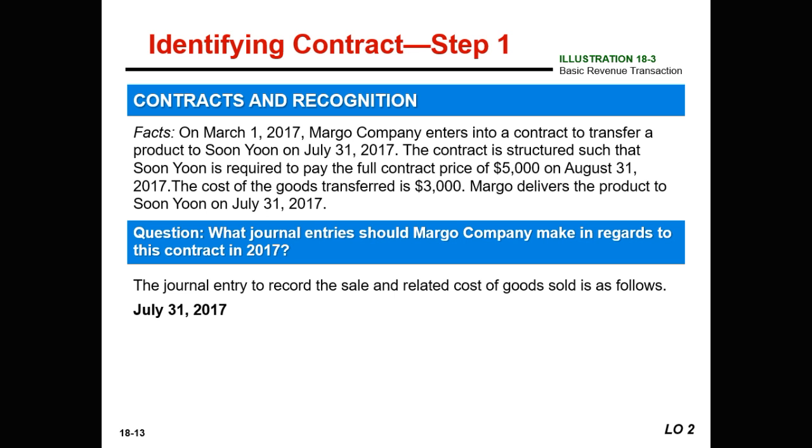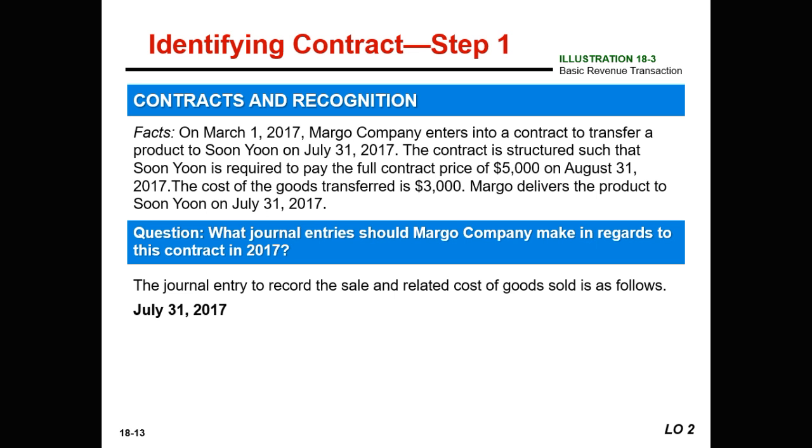The journal entry to record the sale and the related cost of goods is on July 31st, because they have the contract to transfer the product on July 31st. Margot delivered the product on July 31st. This is even though consideration is not required to be paid until August 31st.